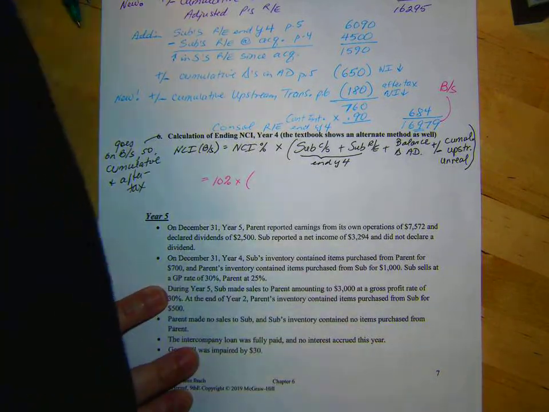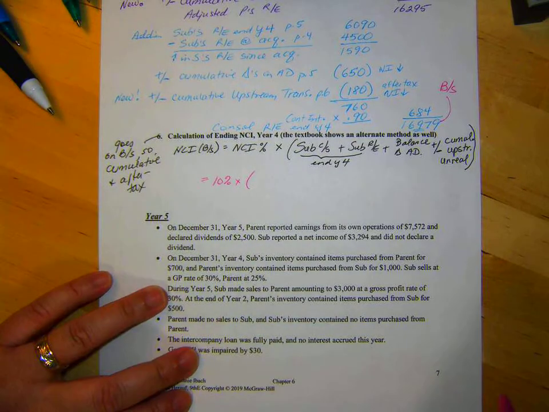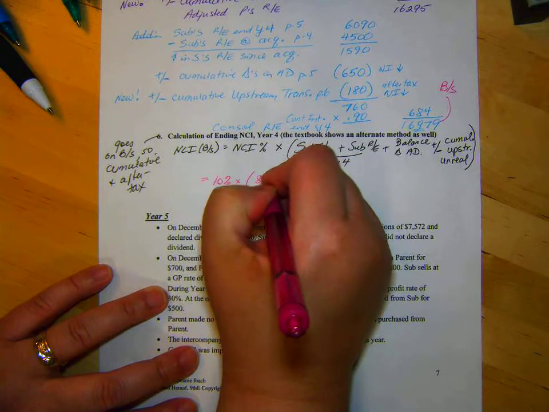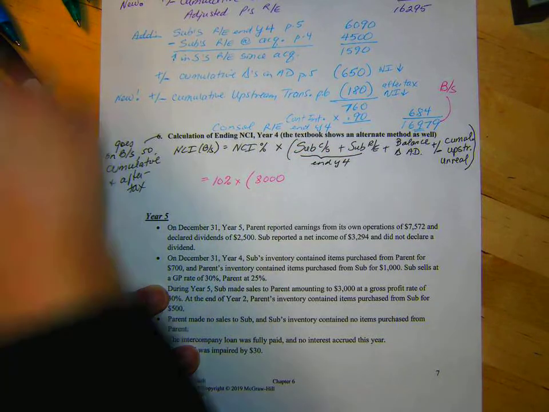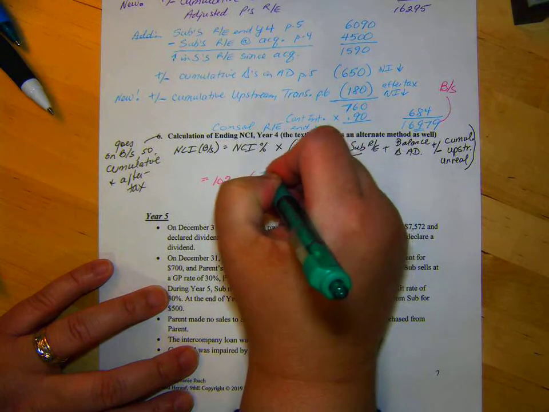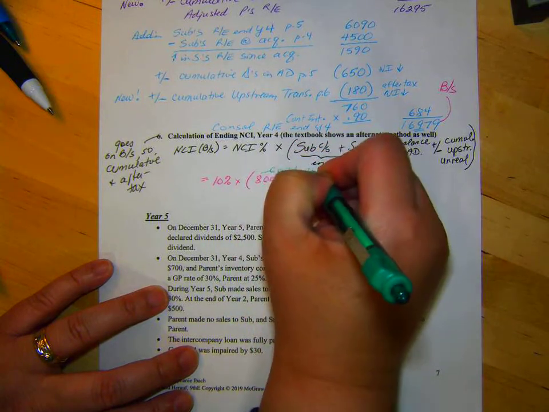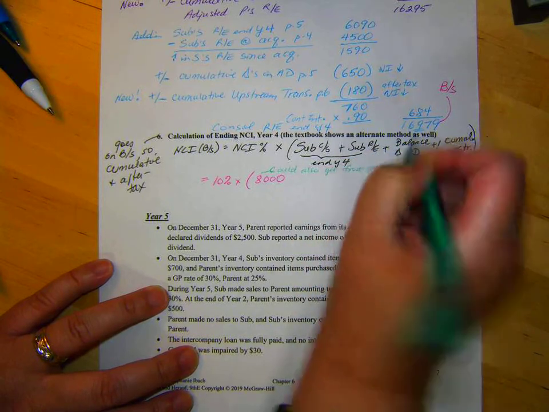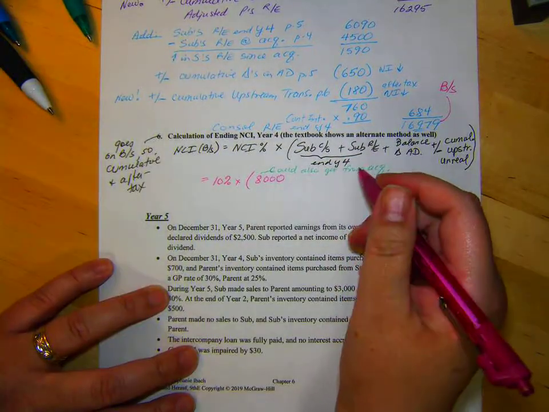So that's on page 5. 8,000. And you could also get it from acquisition, because they will never change, because we're not doing that part of consolidations.